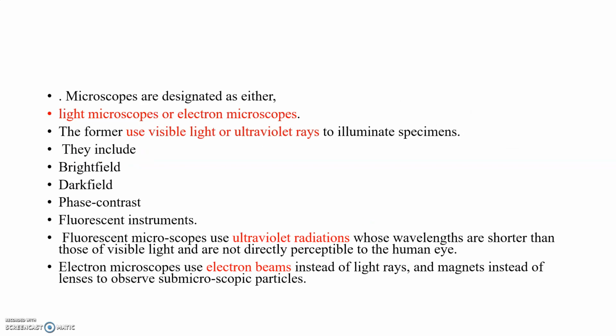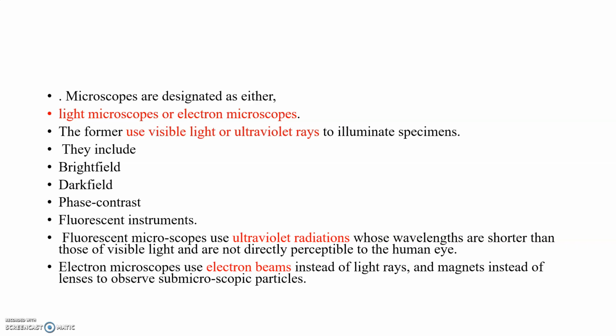Microscopes are designated as either light microscopes or electron microscopes. The light microscope uses visible light or ultraviolet rays to illuminate or observe specimens. What are the important light microscopes?